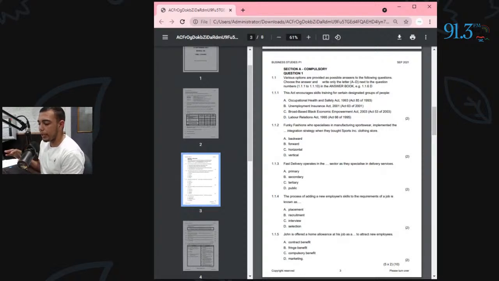Where a company buys another company. So is that the answer? No, that isn't the answer. So our answer here would be B, forward integration. So forward integration is when the supplier buys over the retail store. For instance, the manufacturing sportswear supplier buys over Sports Inc.